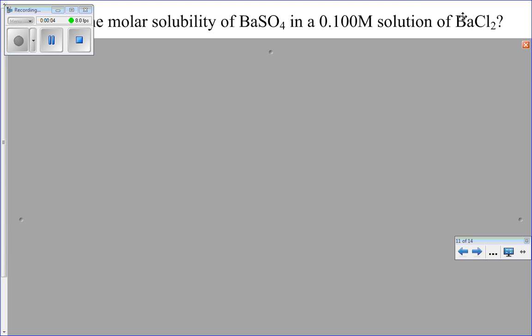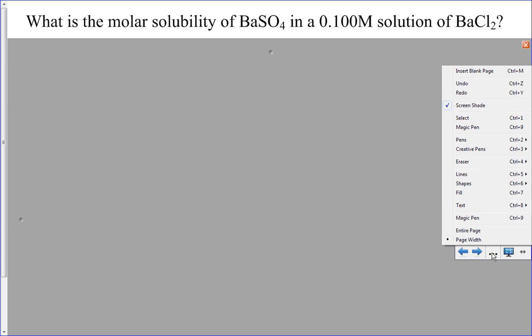The next level of problem takes us up to what to do if there's already an ion in solution, because that will not change the Ksp, but it will change the equilibrium concentrations. So when we look at this one, barium sulfate is going to produce barium ions in a small amount, but barium chloride is going to produce lots of barium ions.